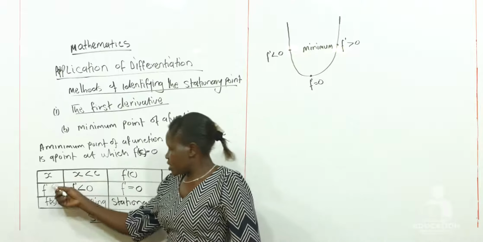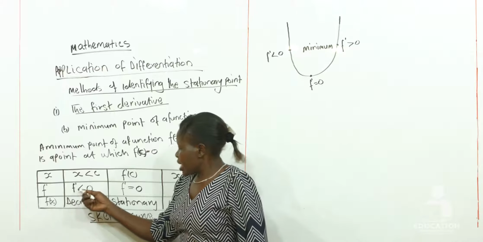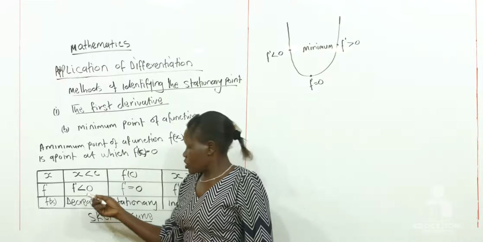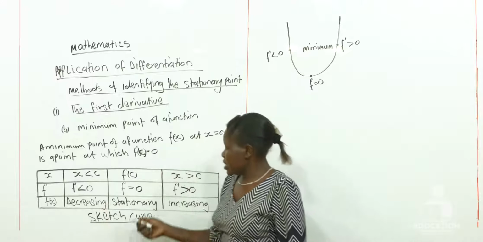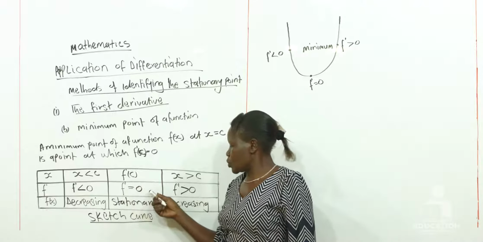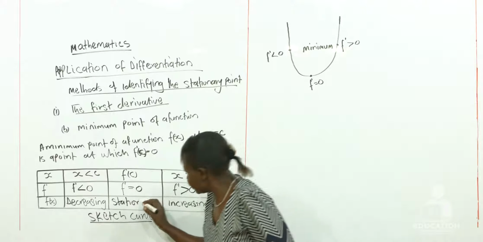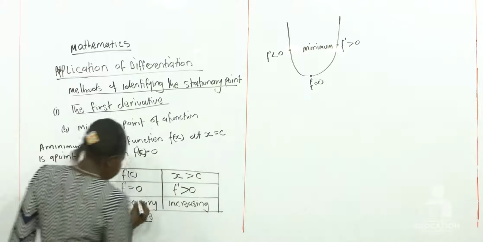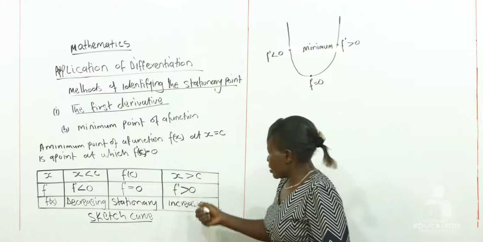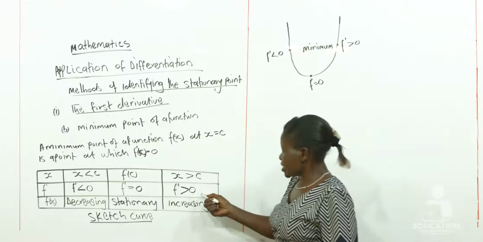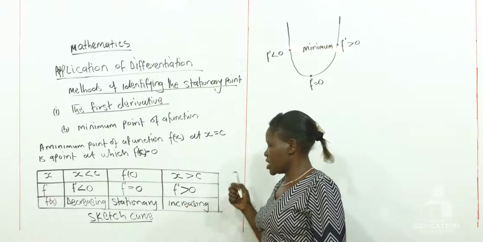Mostly we look at the gradient and what happens to the function. If the gradient is less than 0, the function will decrease. If the gradient equals 0, the function will be at a stationary point. And when the gradient is greater than 0, the function will be increasing.